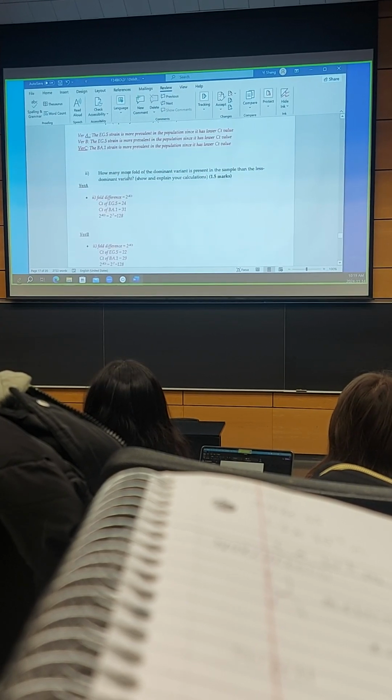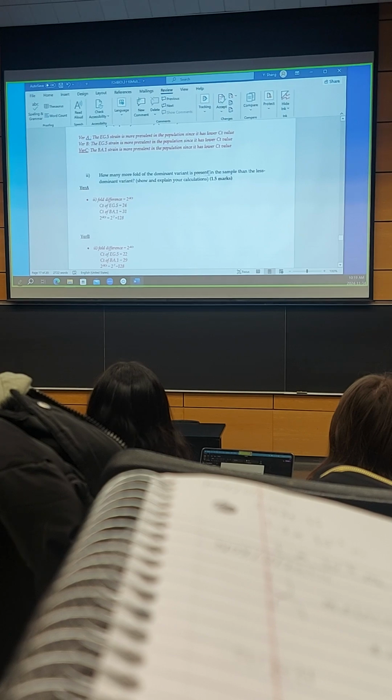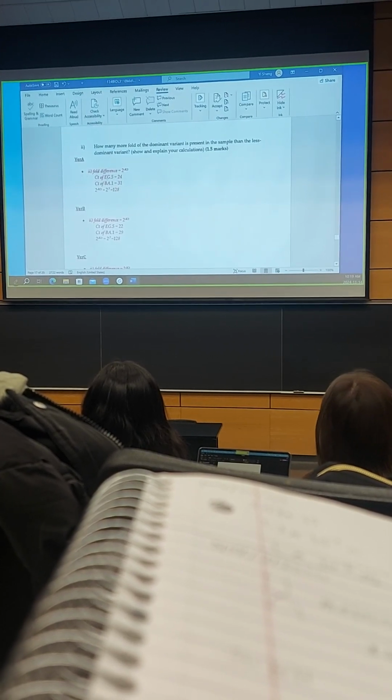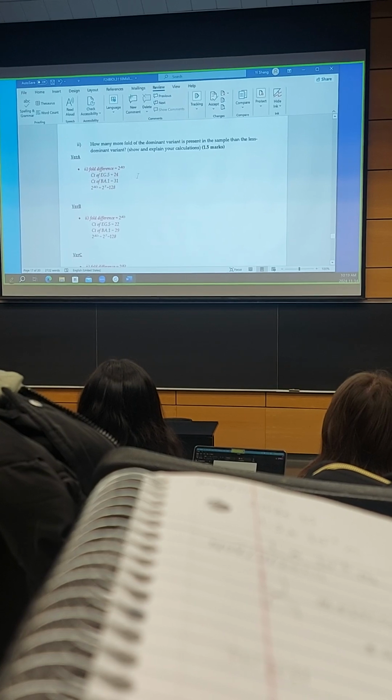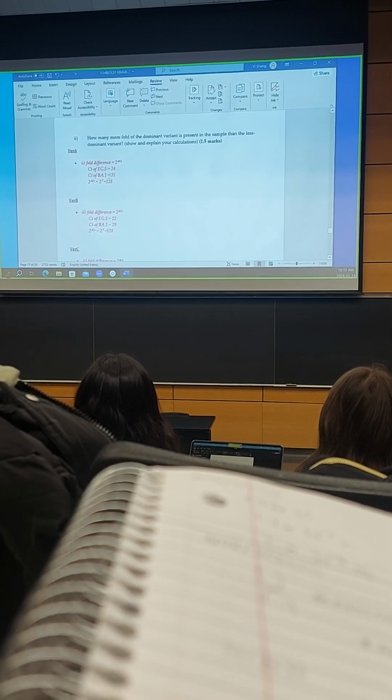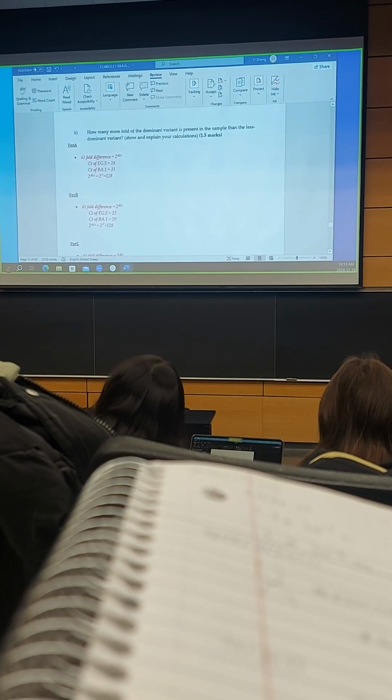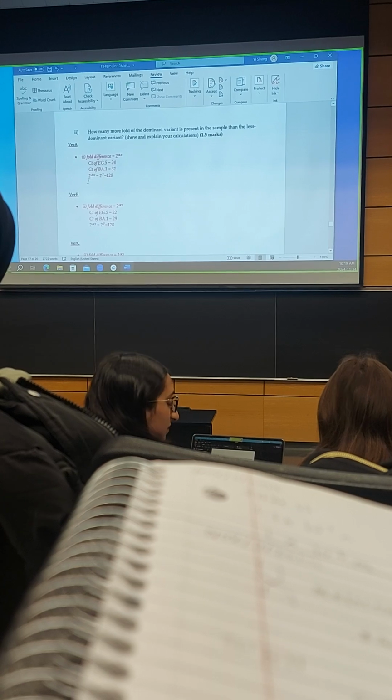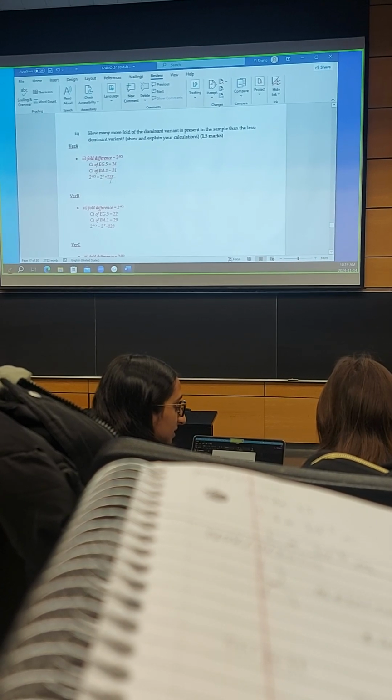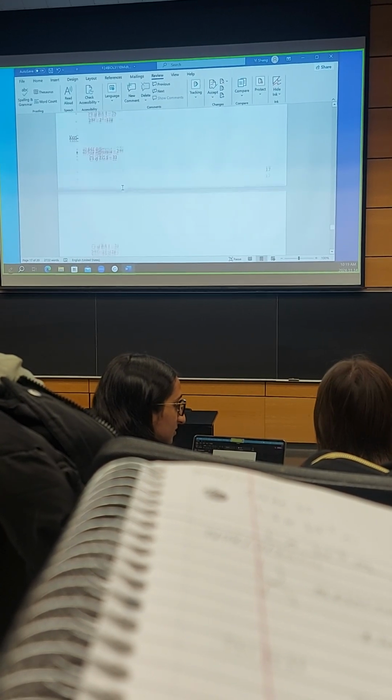And how many fold more of the dominant variant is present in the sample than the less dominant? You have to write out the correct CT values and then calculate using the equation 2 to the power of delta CT. So the fold is 128.